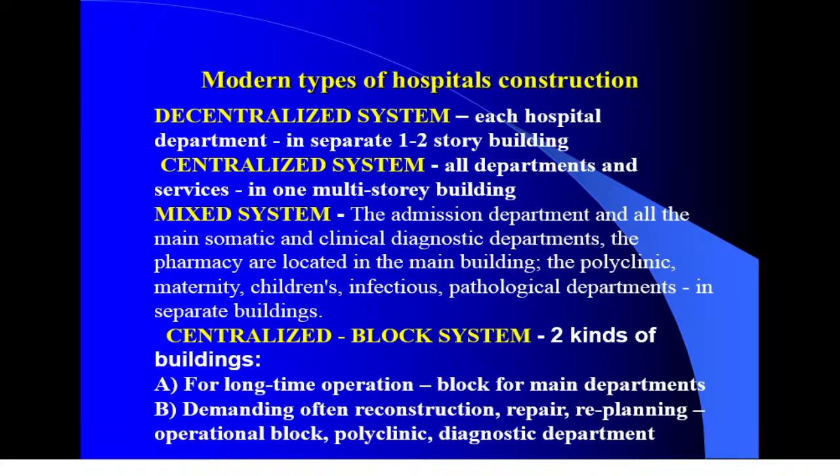And usually in one block there may be medical departments of surgical type. In another block there may be therapeutic departments. In another block there may be services and laboratories and some additional premises.